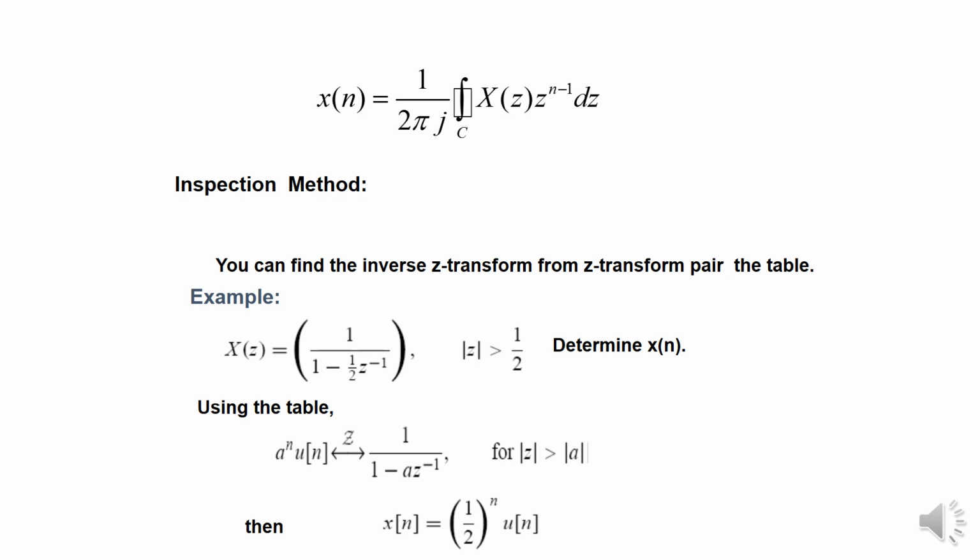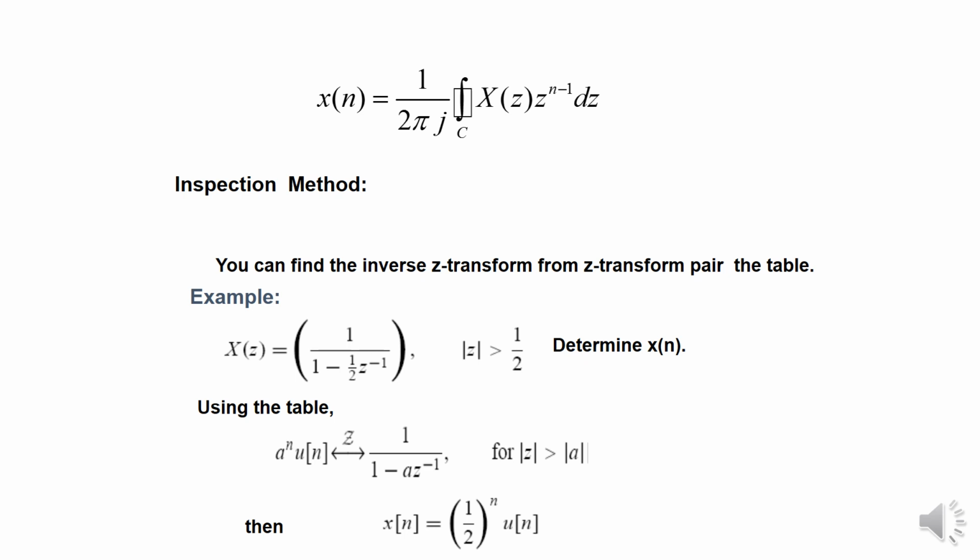You can see X(z) in this example and the region of convergence as well: magnitude of z is larger than 1/2. This region of convergence means that if you draw a circle in the z plane with a radius of 1/2, the region of convergence will be outside the circle you are drawing.